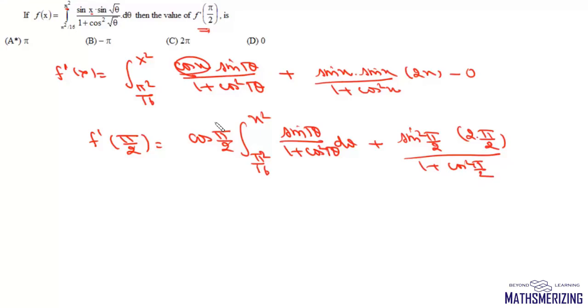Now cos pi by 2 is 0 and sin pi by 2 is 1 and cos pi by 2 again is 0. So we'll get f dash pi by 2 as pi, and that is the answer to this question.